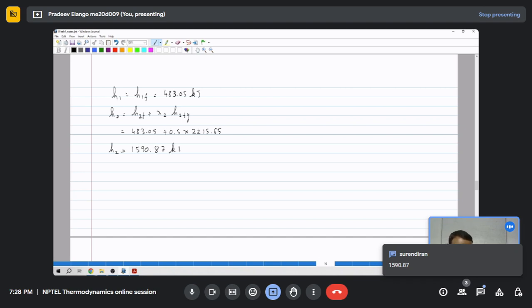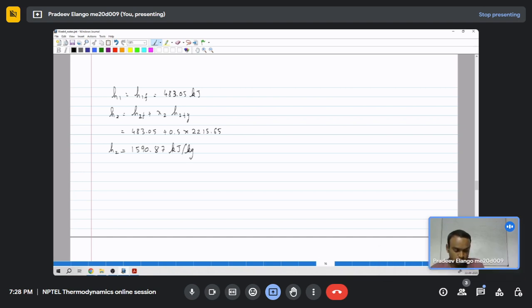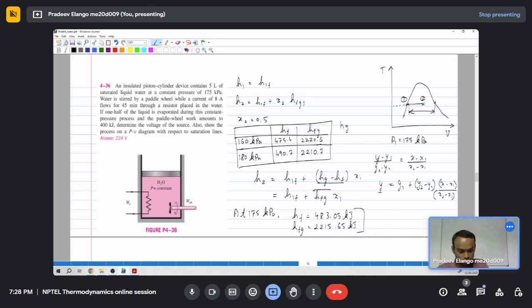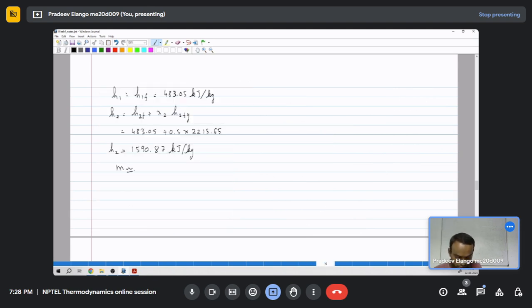Kilojoules. So these all are in terms of kilojoule per kg. Now we are given that the device contains around 5 liters, so approximately M is approximately 5 kg.